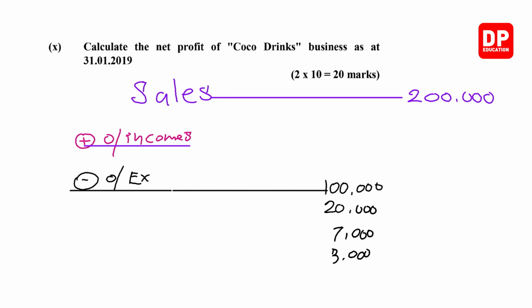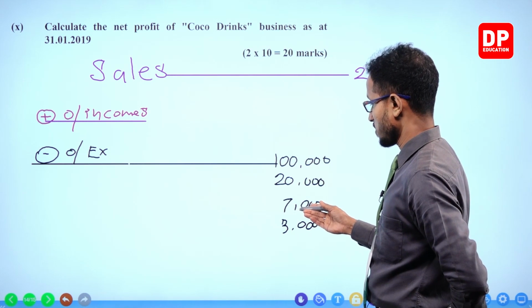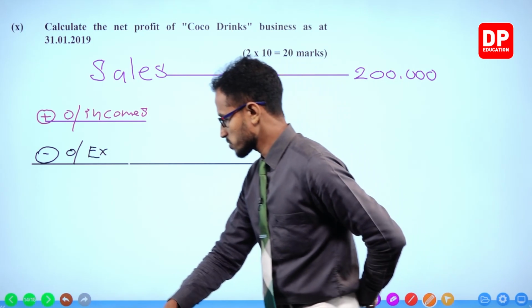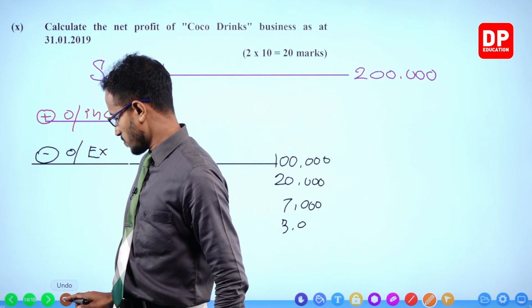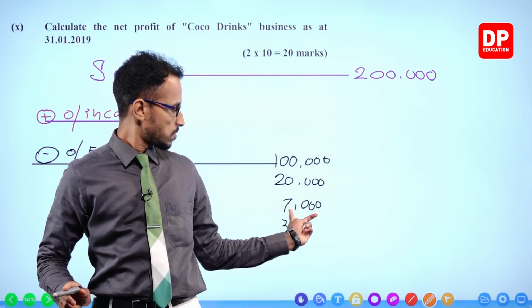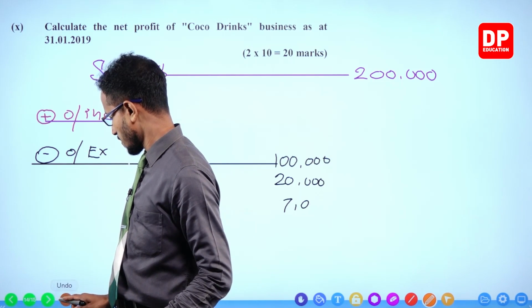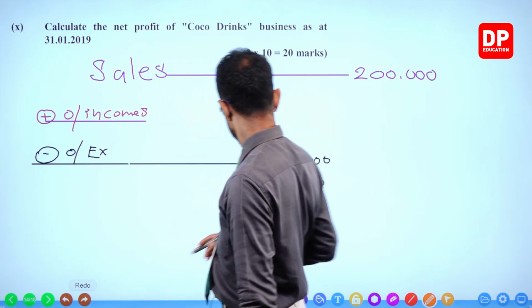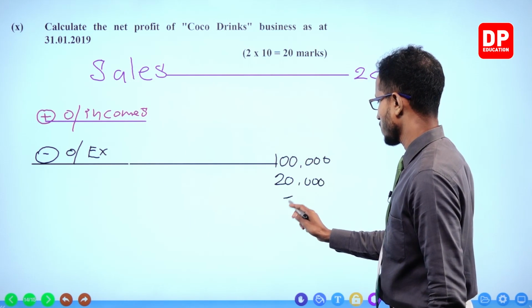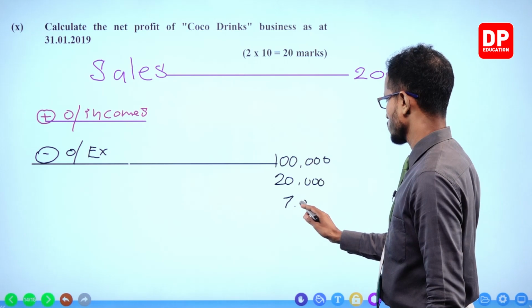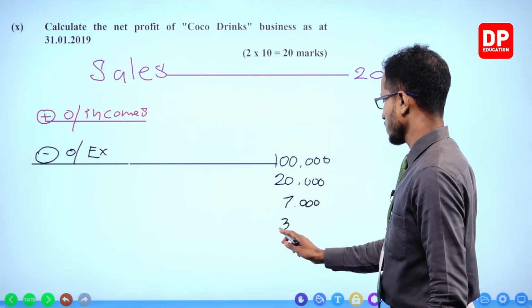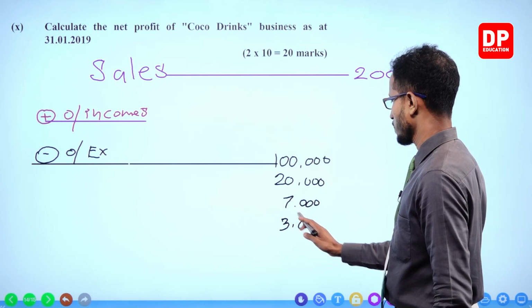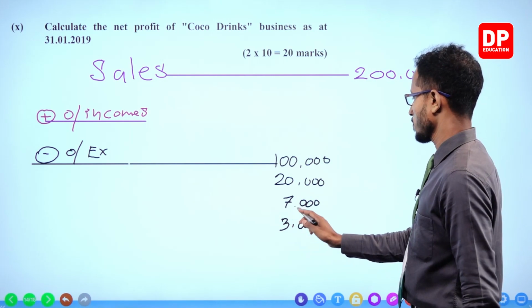Yeah, it's not 71. It's 7,000. Does it look like a one? Okay.